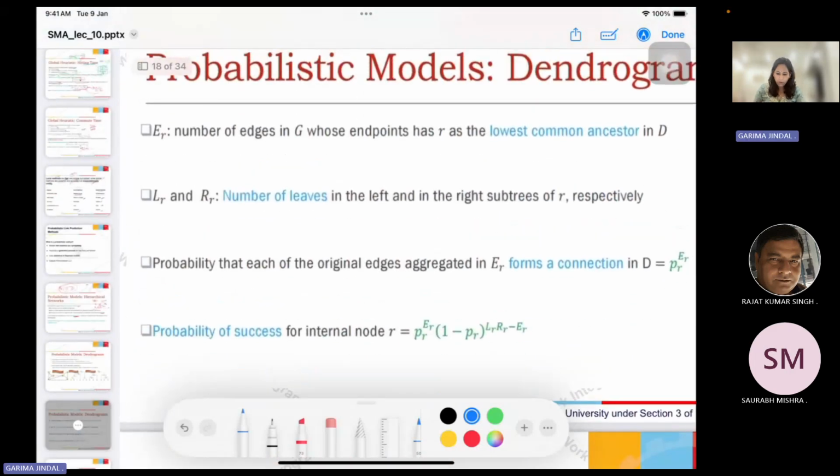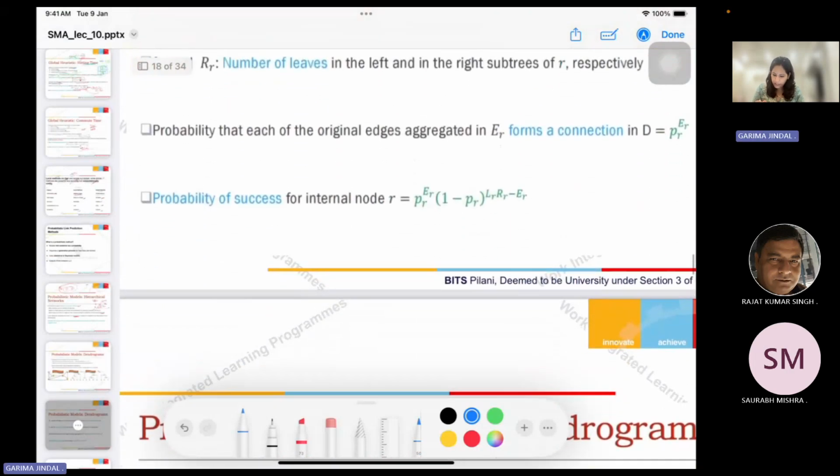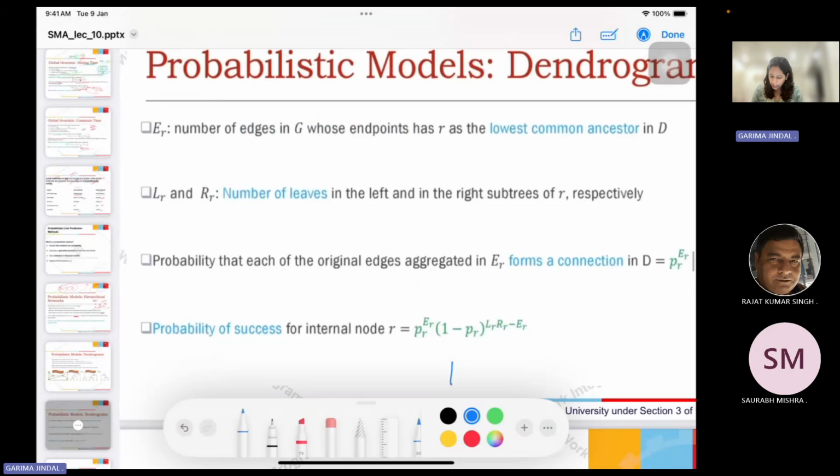Okay, so now this was our original network that we are seeing. In order to calculate the probability, you need to understand these terms: ER, LR, and RR.